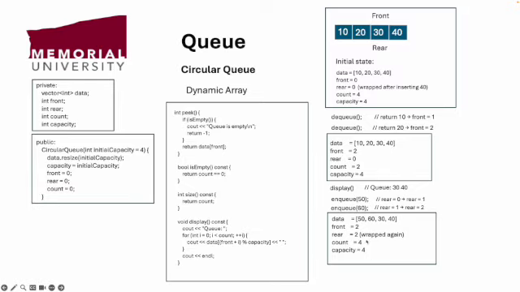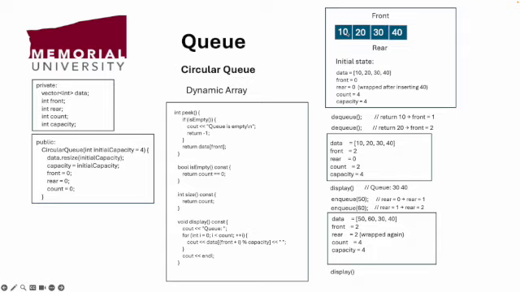How do we display now? If we call display, what are we going to do? i equal to 0, i less than count equal to 4. Front is 2 plus 0, so we start printing from here. Then we increment until 40 is printed. So 2 plus 2 equals 4, mod 4 will wrap to here, so it prints 50 and 60. Until i is greater or equal to 4.